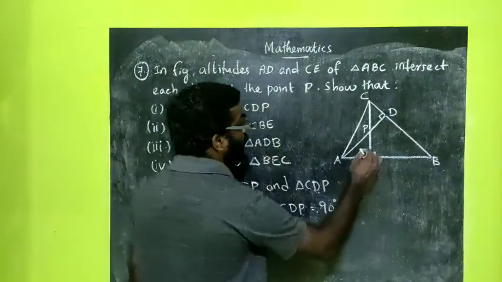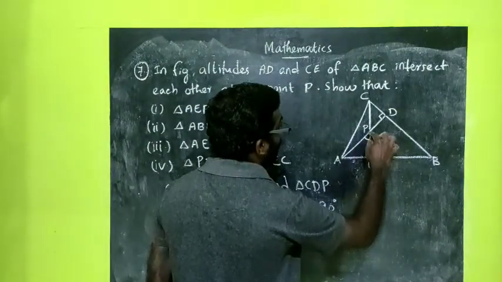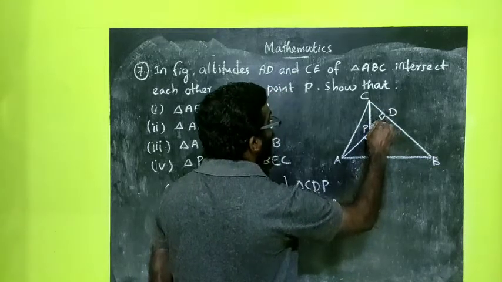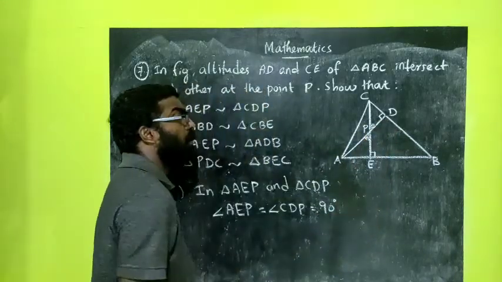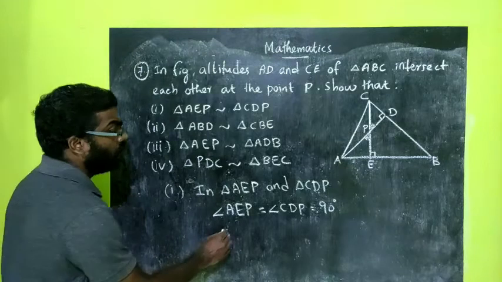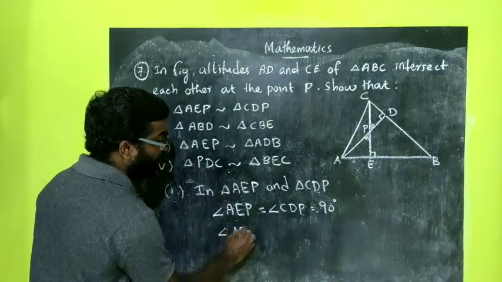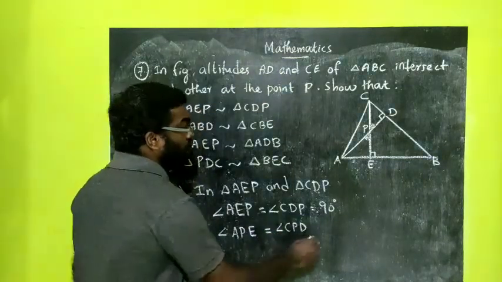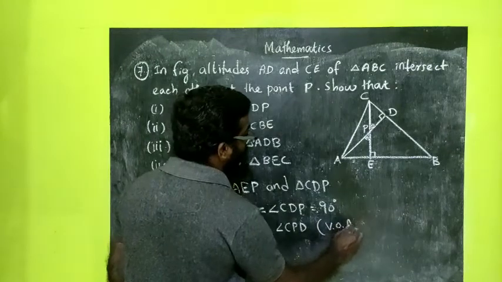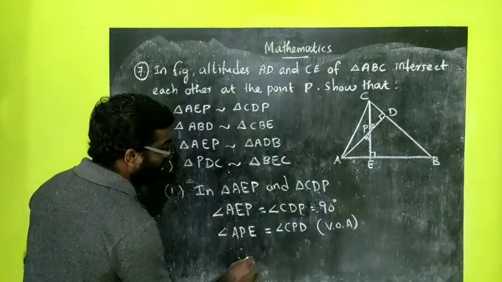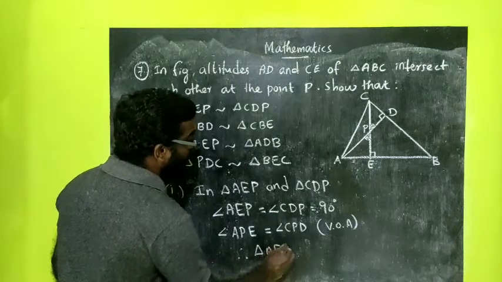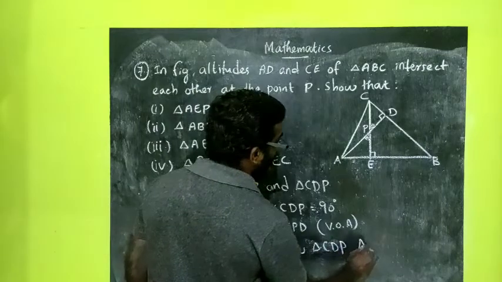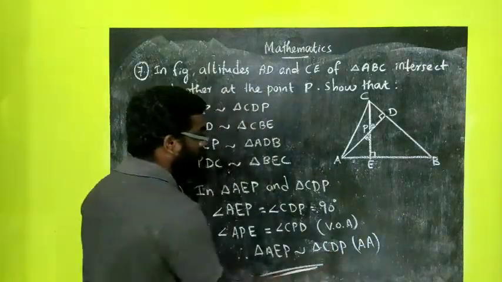Now one more angle is equal, APE and CPD. These angles are called vertically opposite angles. So we can write angle APE equal to angle CPD, vertically opposite angles. Therefore, we can conclude triangle AEP is similar to triangle CDP by AA similarity criterion. Clear?